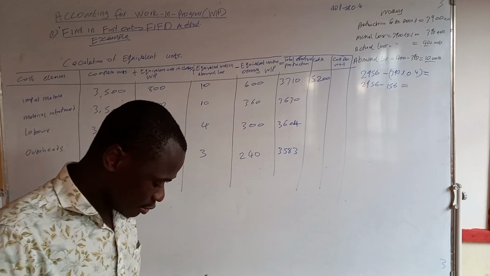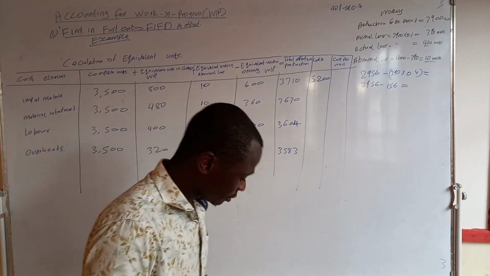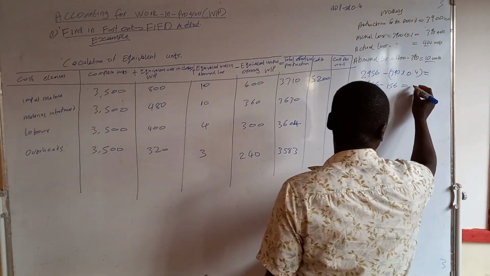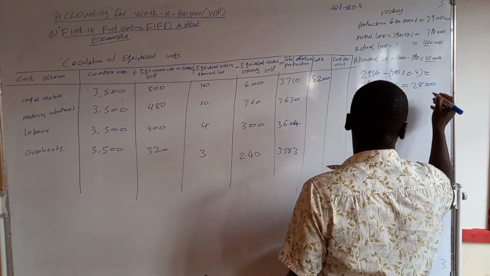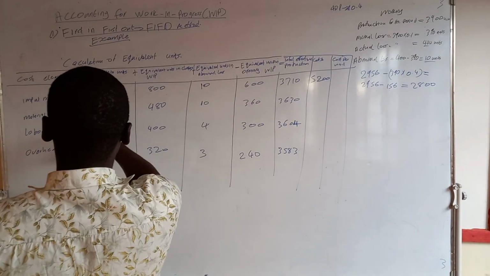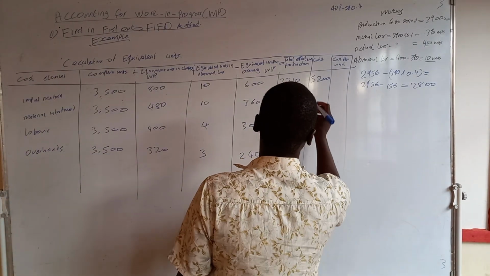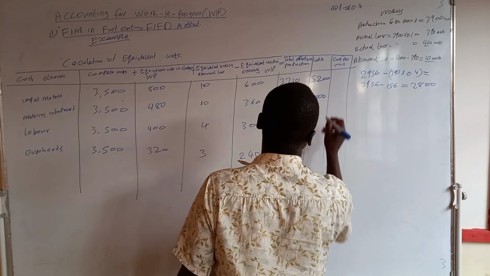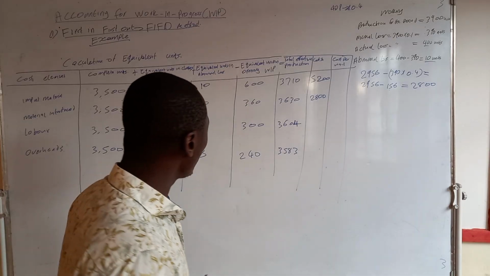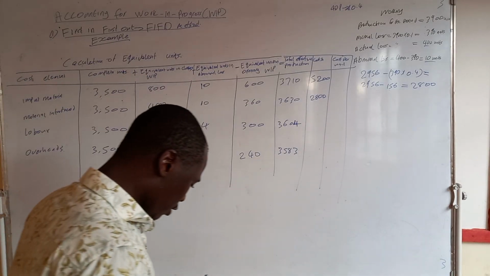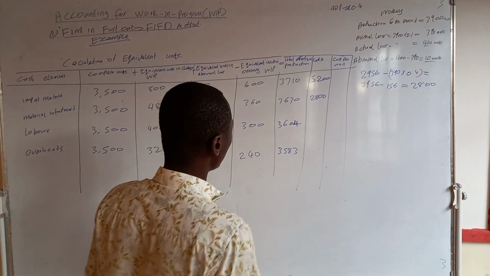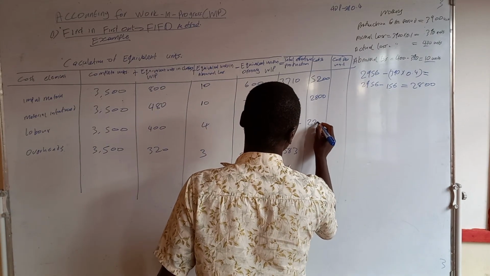So 2,956 minus 156 gives us 2,800. So the cost of material introduced is 2,800. Now we go to labor. The cost of labor for the period was 2,200. That one was given.